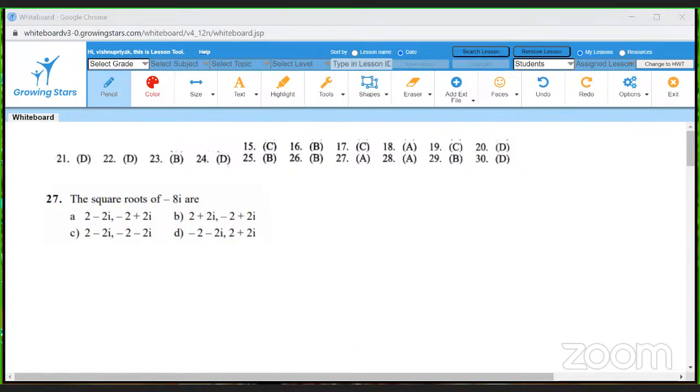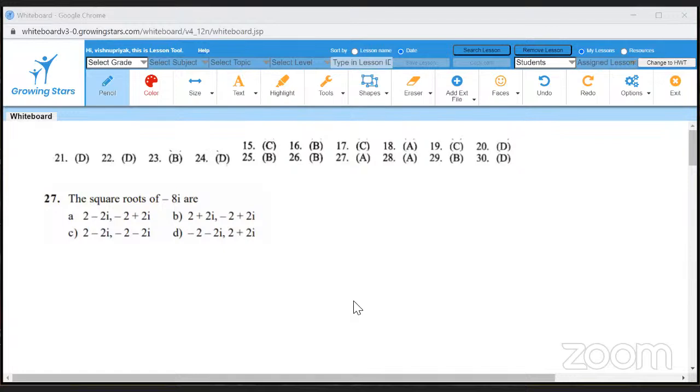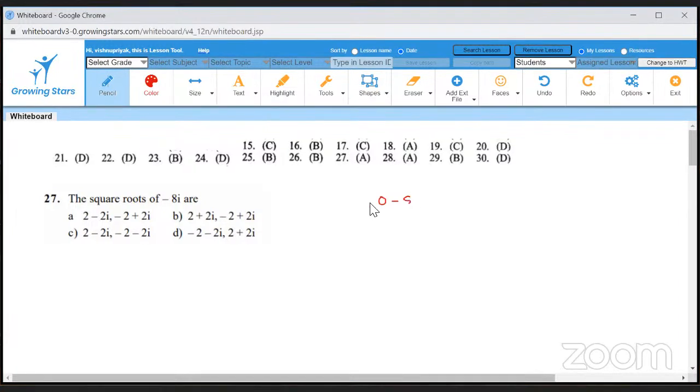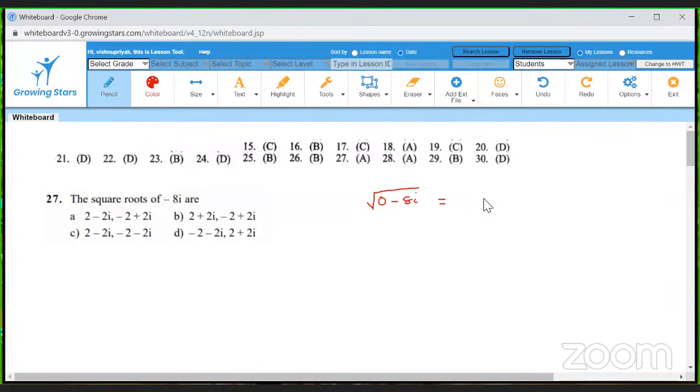So what we will do is, first we will take the complex number given to you, that is 0 minus 8i. We have to find the square root. The answer will be x plus iy.